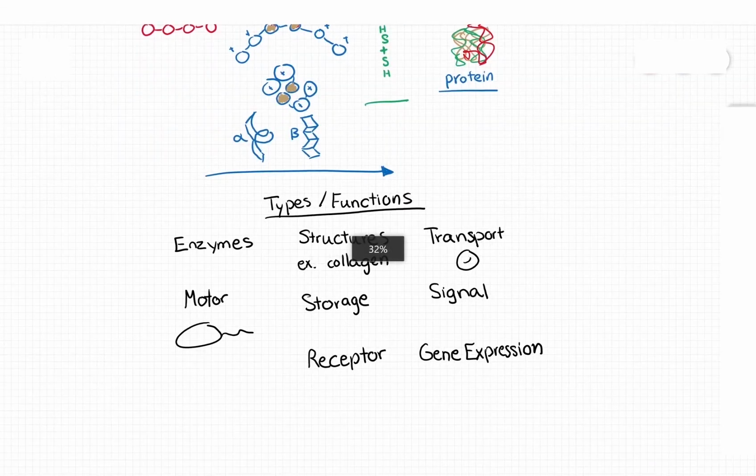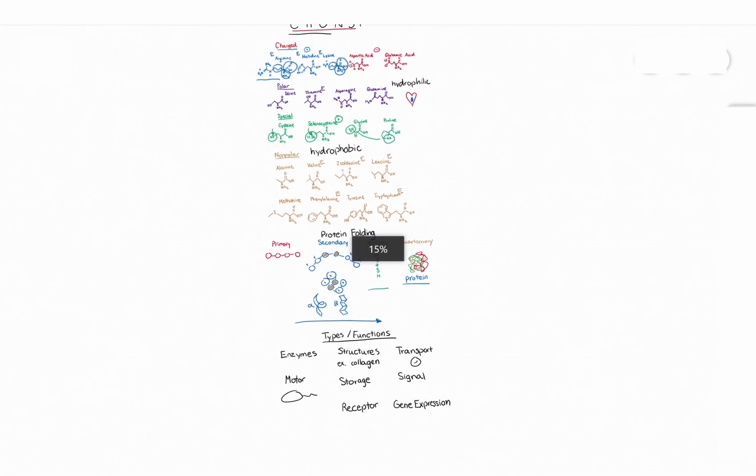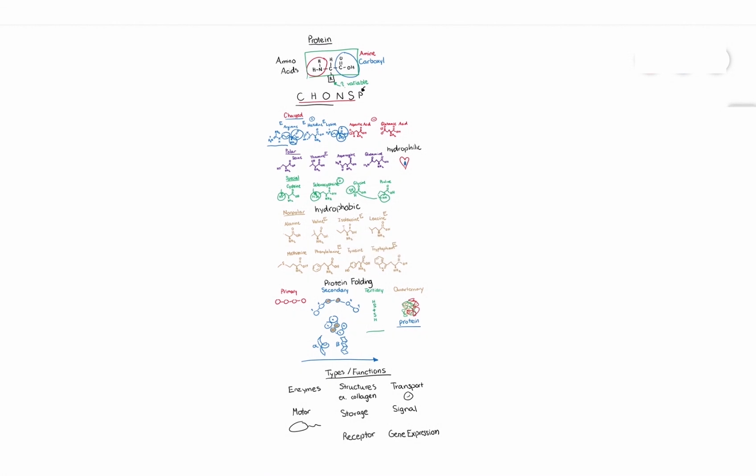Cool. So we've gone over the majority of proteins, and we'll be going over a bit more in later chapters. But just as a summary, we have amino acids, which are made up of an amine and a carboxyl side group with an R group, which is variable. And this decides what amino acid you're looking at.